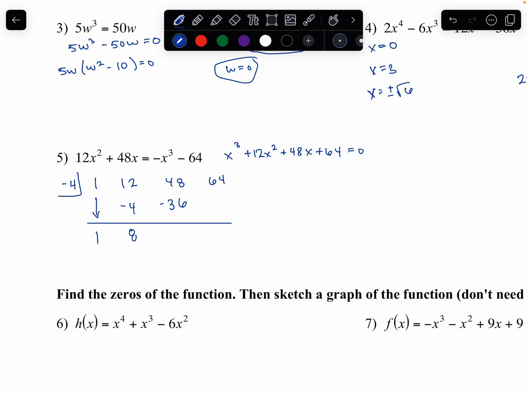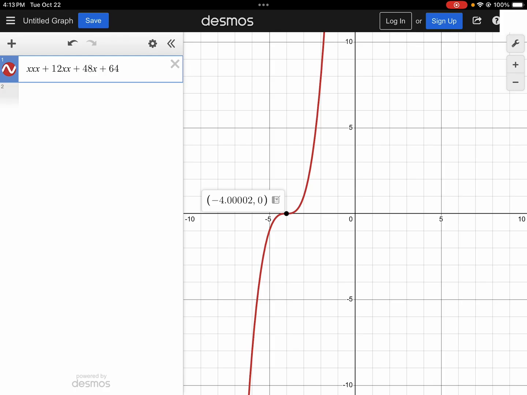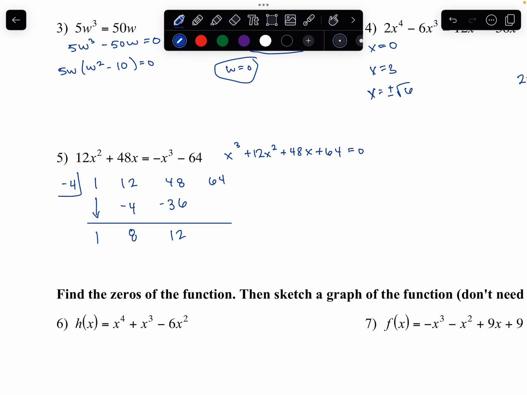Wait, did I do that right? Yeah, that becomes 12. -4 is a solution here. Got 3, 2, 1, 0. Got positive 12, 48, 64.